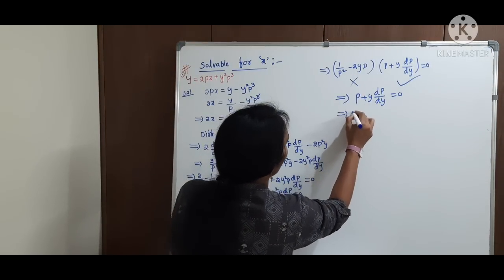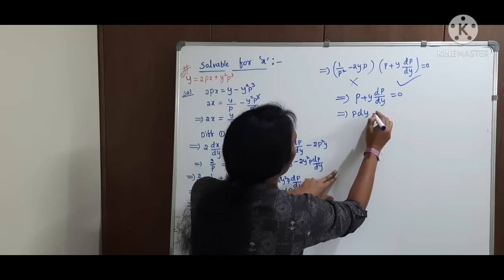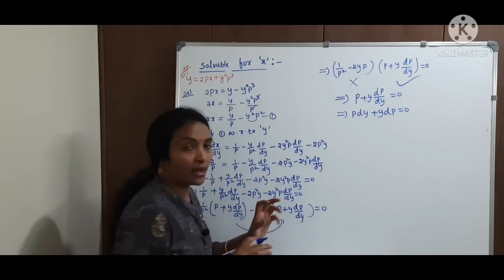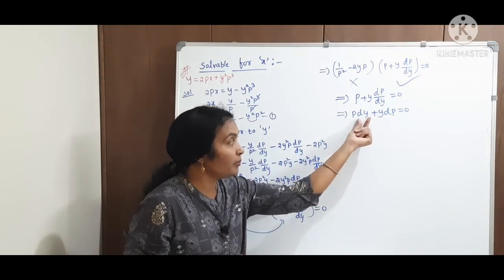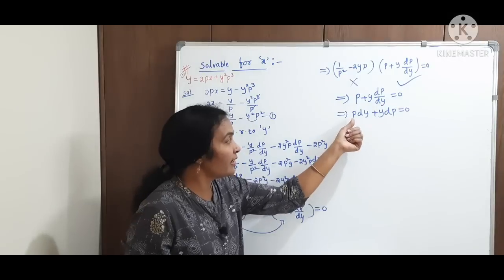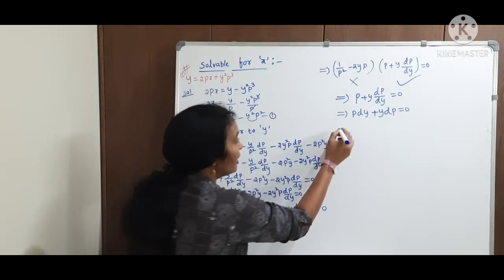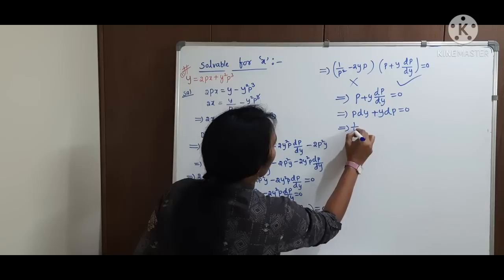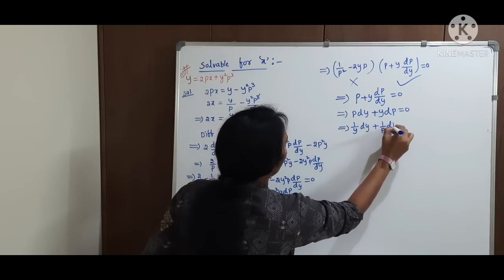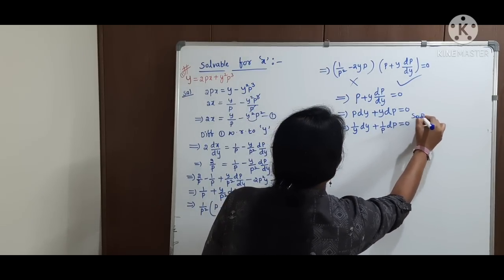Now for that, p dy plus y dp will become 0. In general, how should it be? Beside dy there should be y terms, beside dp there should be p terms. For that, this p I take over, it becomes 1 by p, and this y I bring over. It will change it to 1 by y dy, 1 by p dp. Done.